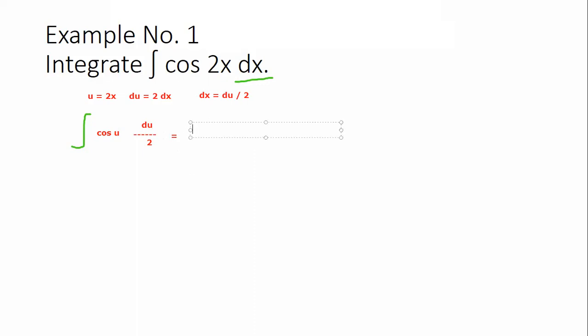This will be 1/2 times the integral of cosine u du.